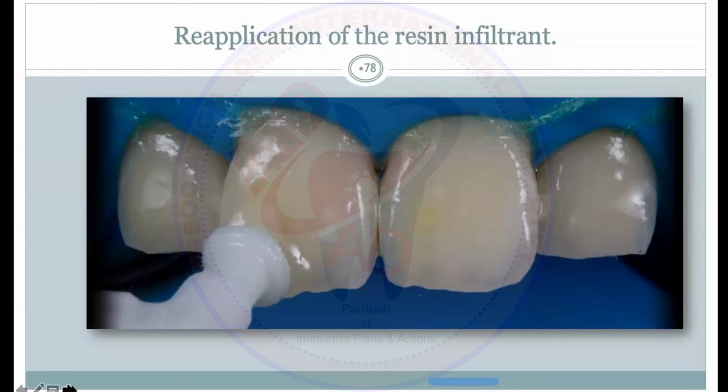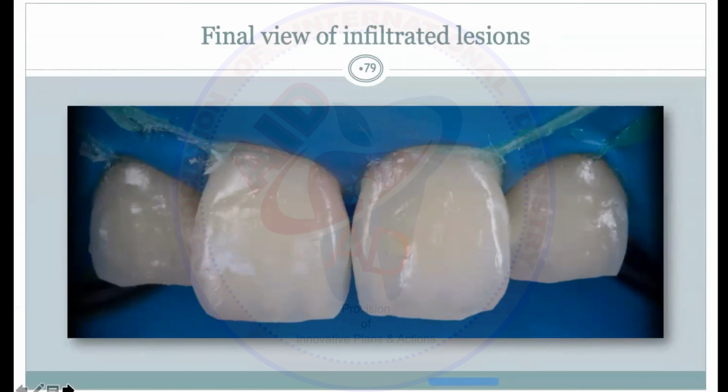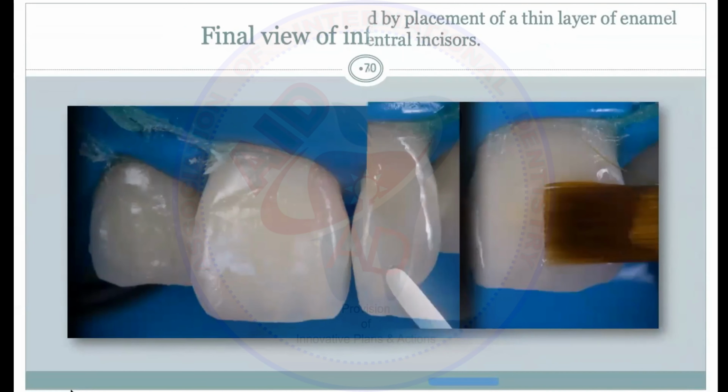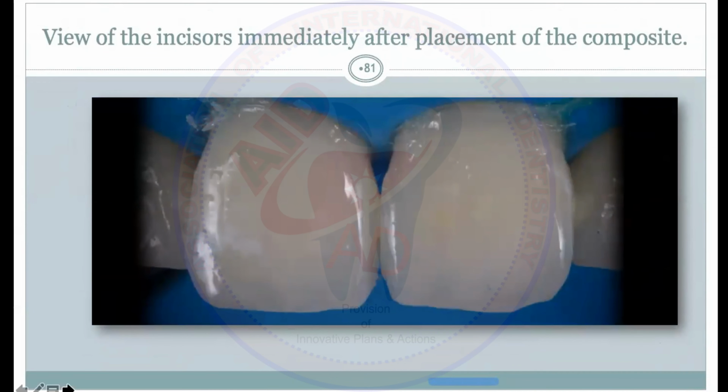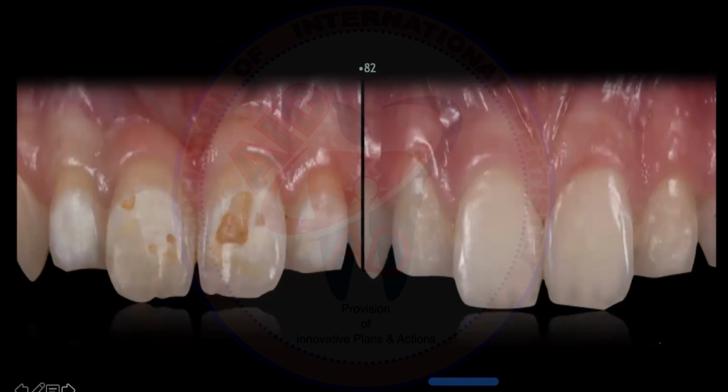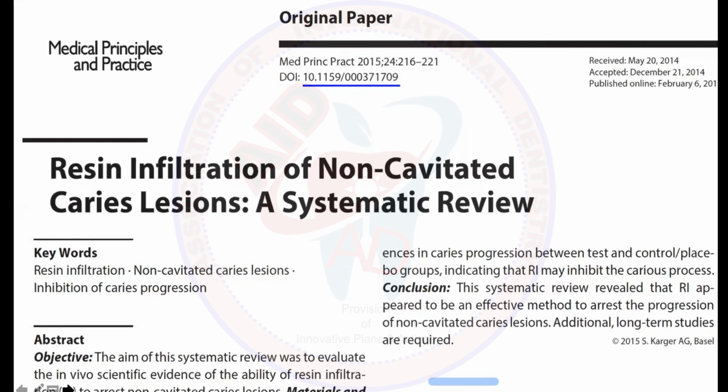So you have to top up, reapplication of resin infiltrate for 1 minute, and then you cure it, and then you can see all decalcified areas are eliminated. And because there was etching, there was pitting present, so you can restore that pitted area with composite.